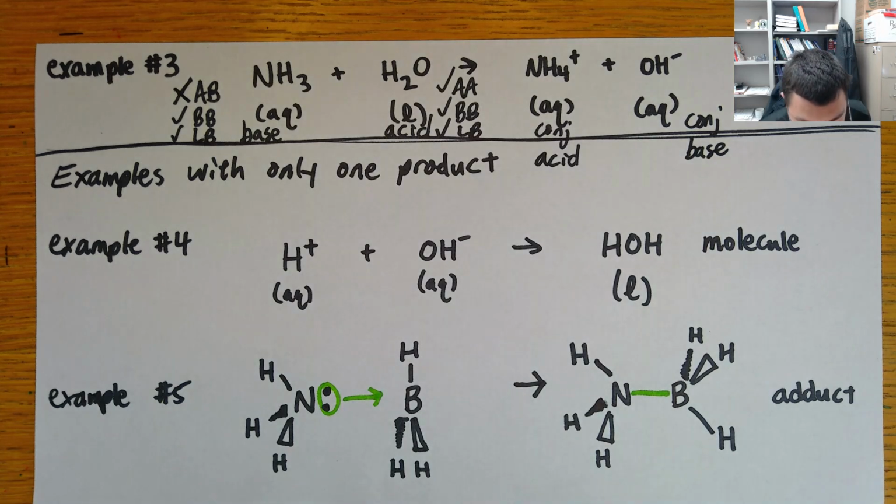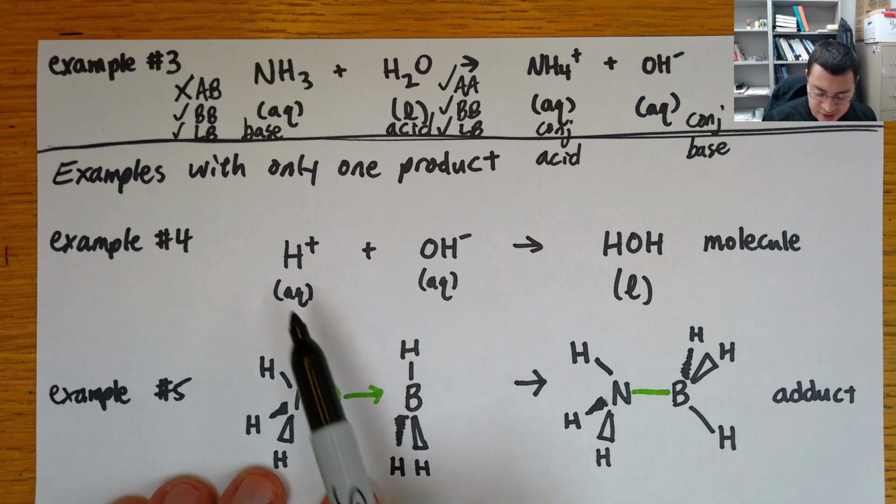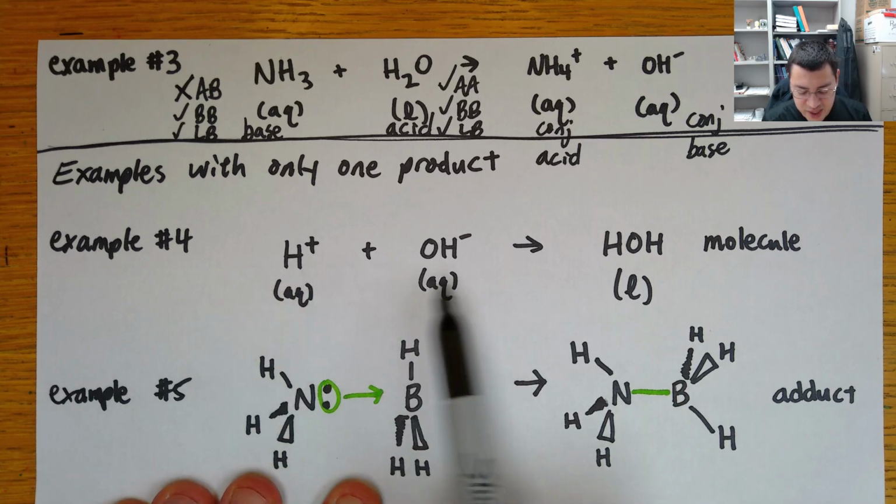Okay. Last 2 examples, I wanted to show some examples where there's not going to be any conjugate acids or bases because you make only one product. Okay, in that case, there's no conjugates. All right, easiest example I could think of is the formation of water.